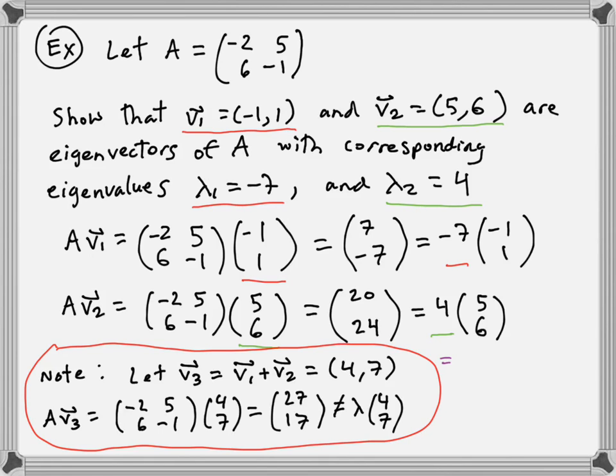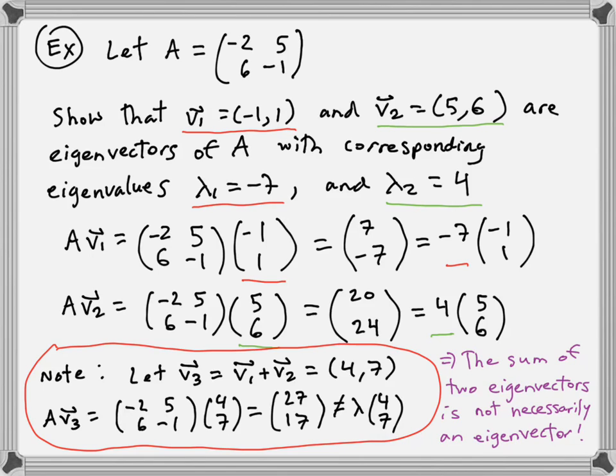So this means the sum of two eigenvectors is not necessarily an eigenvector. Okay, super important. In other words, finding eigenvectors is kind of a unique thing, and you cannot get more just by adding them together.